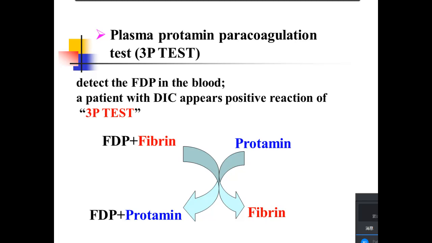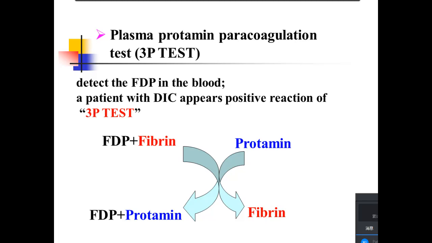Now, if the 3P test has a positive reaction, we know the patient's blood has a lot of FDP. So for DIC patient blood, is the test positive or negative? Positive, because DIC patient blood has a lot of FDP.